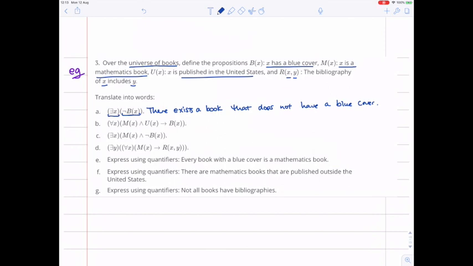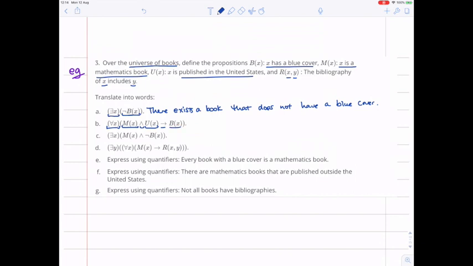Okay, moving on to the next one. Now we're saying for every book in our universe, we have M and U. So M is being a mathematics book and published in the United States implies that it has a blue cover.